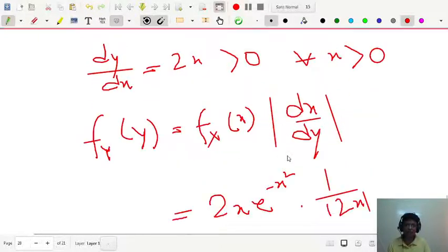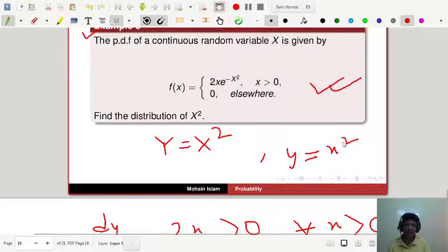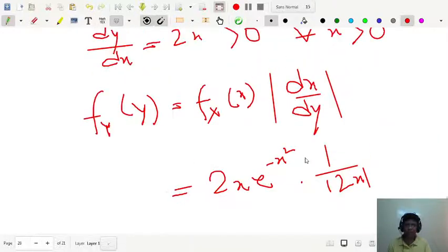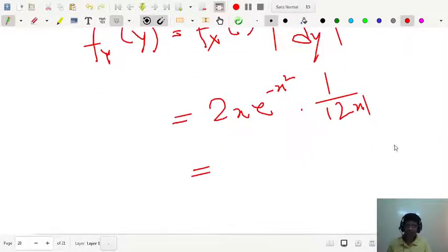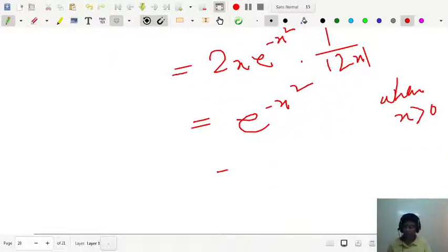And that is equal to, because x is positive, when x greater than 0, you have only e to the power minus x square. These two terms will get cancelled. So that is equal to e to the power minus y.